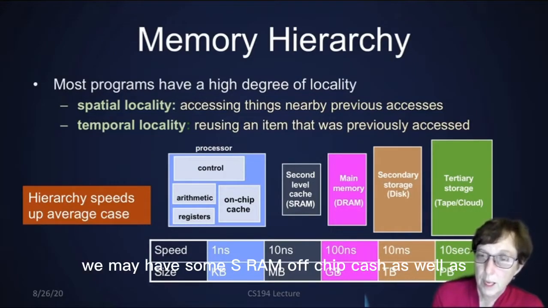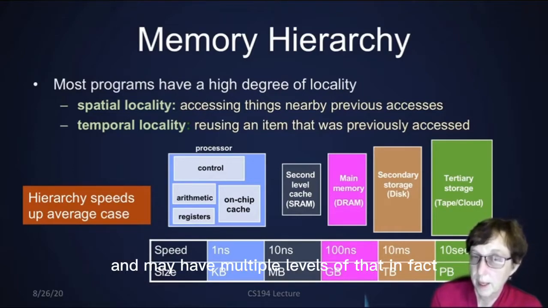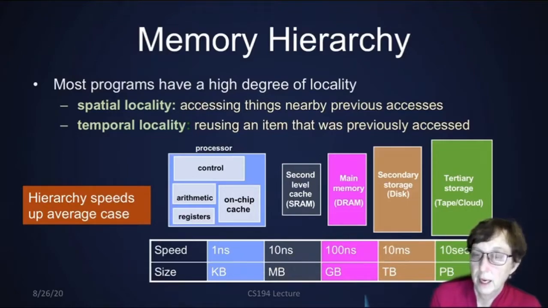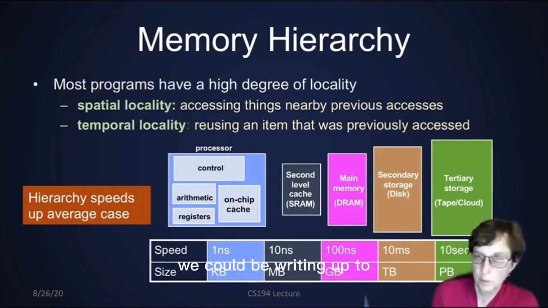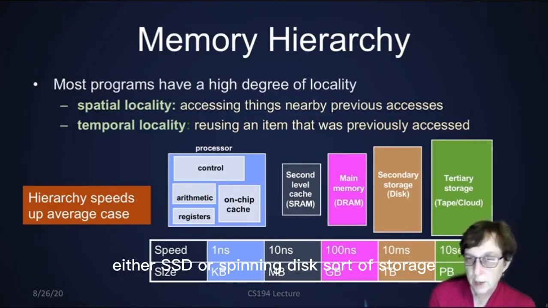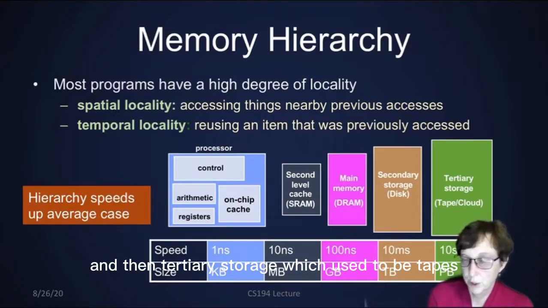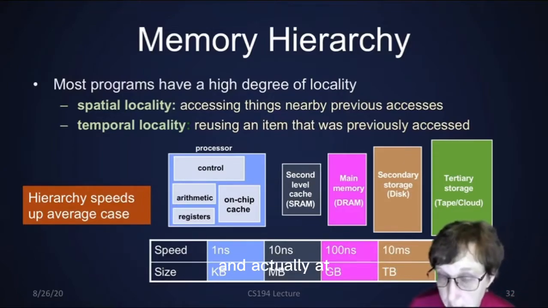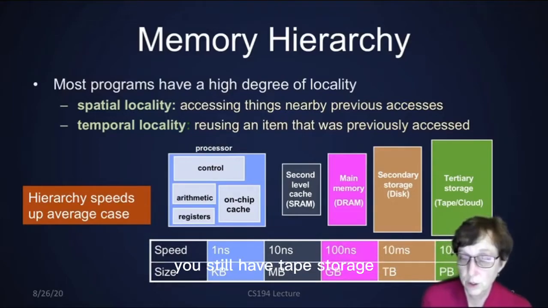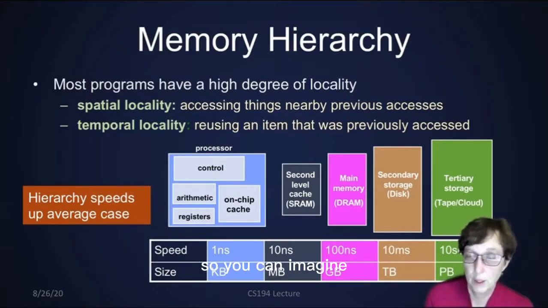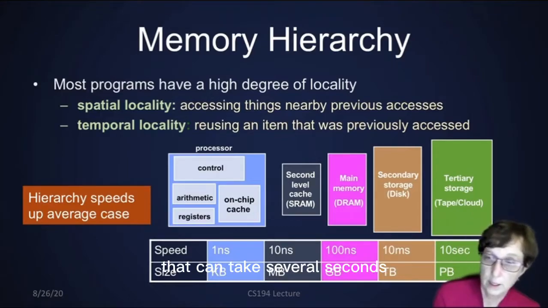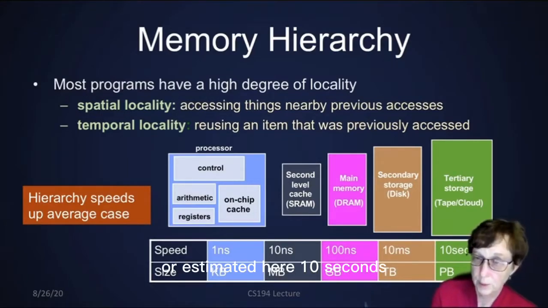We may have some SRAM off-chip cache, and may have multiple levels of that, in fact, as well as the main memory, DRAM. We could be writing out to either SSD or spinning disk storage, and then tertiary storage, which used to be tapes, and actually at a supercomputing center like NERSC, you still have tape storage. There are robots that load and store those tapes, so you can imagine that can take several seconds. Actually, we're estimating here 10 seconds.